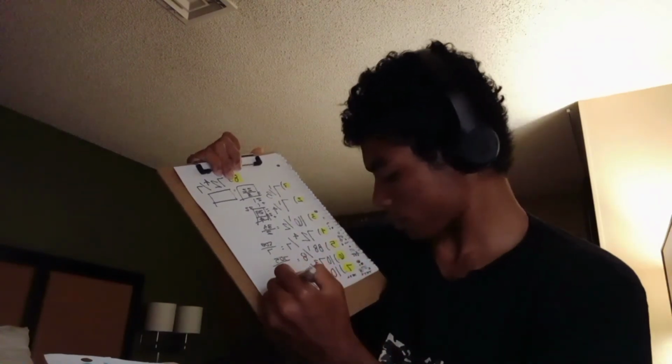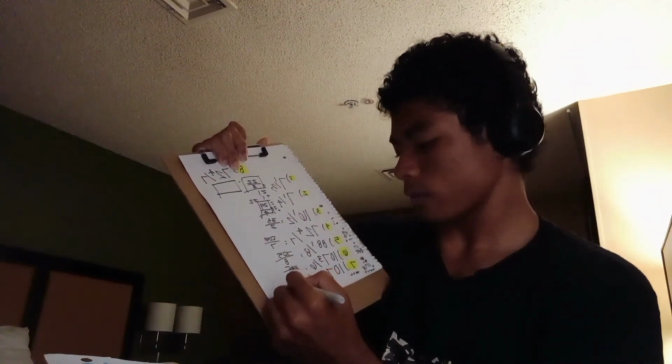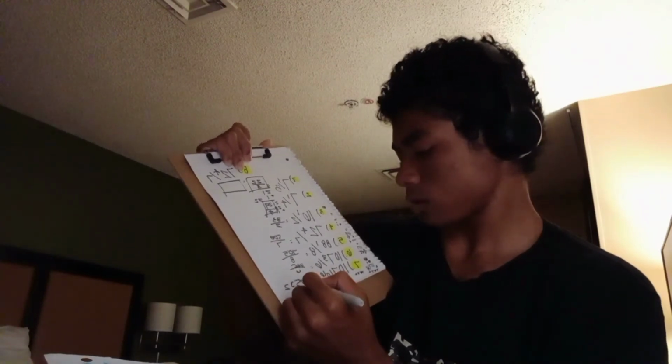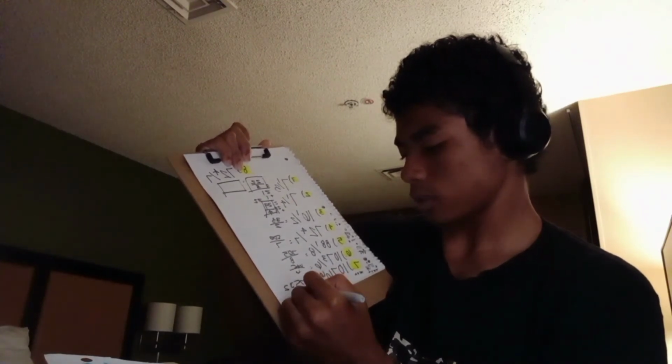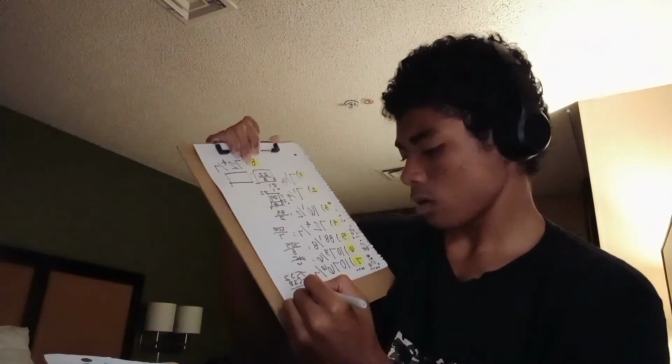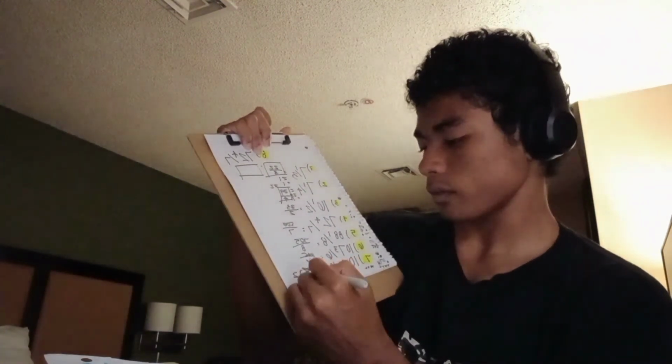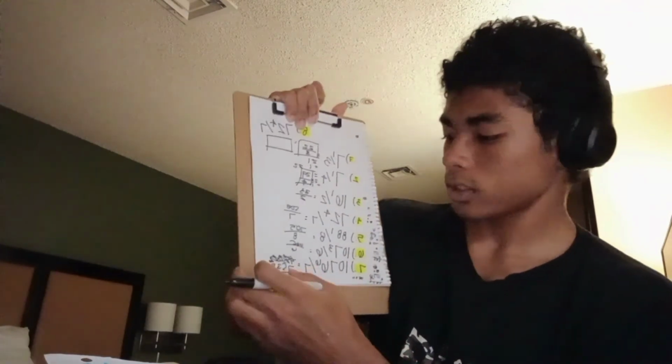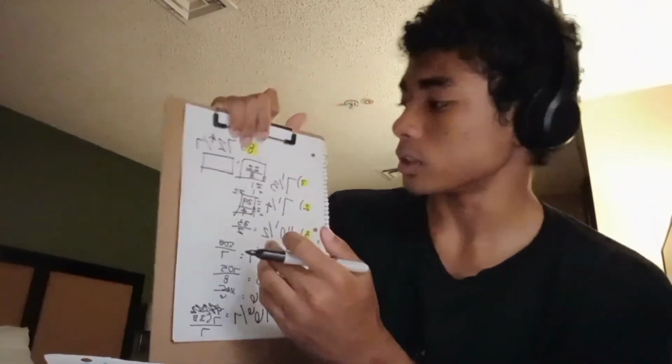Correct me if I'm wrong. 7532 plus the 6 is 7538 over 7. All right, 7538 over 7.